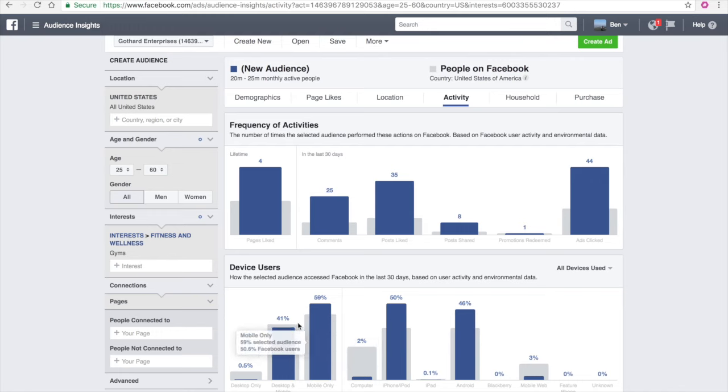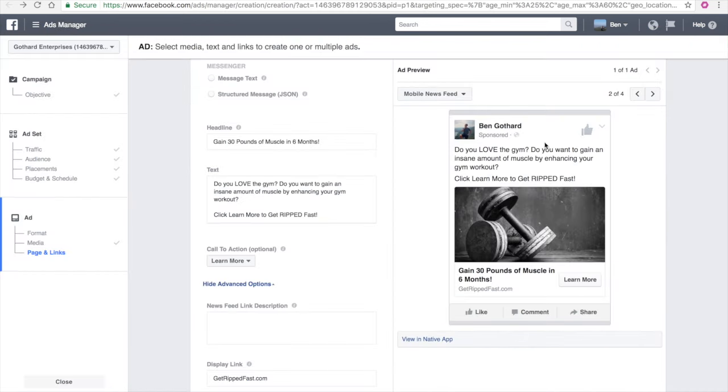So we know that 99.5% of people are either using mobile or have access to mobile, and only 0.5% are desktop only. So we want to make sure that our ad is catered to mobile.